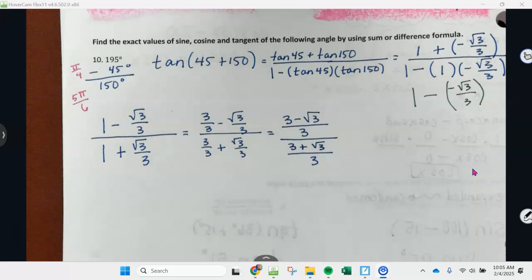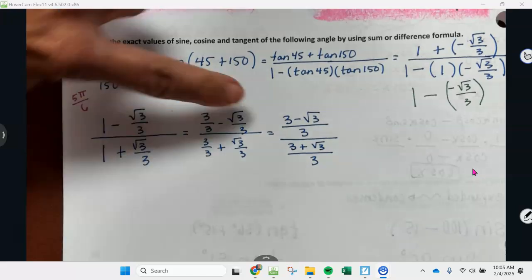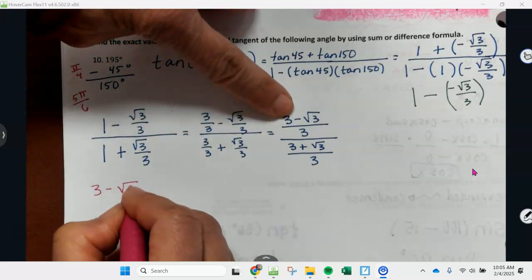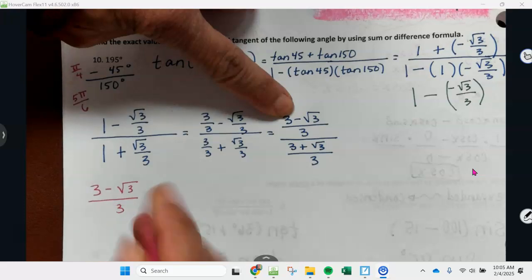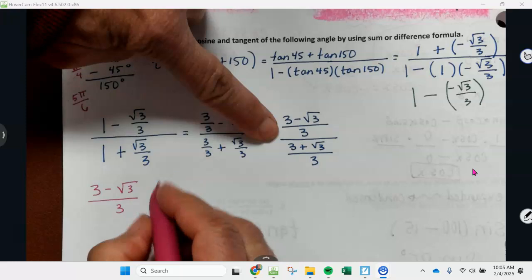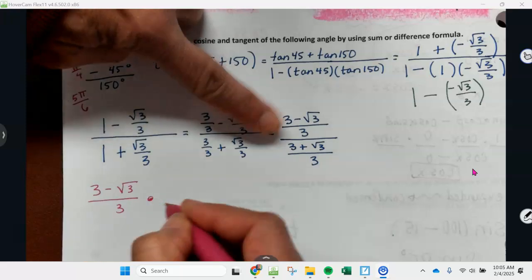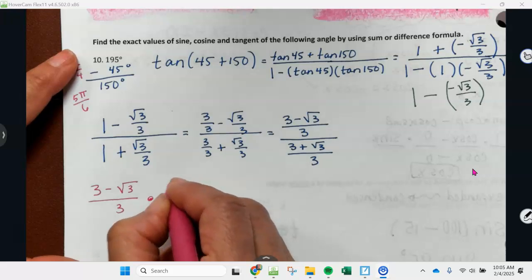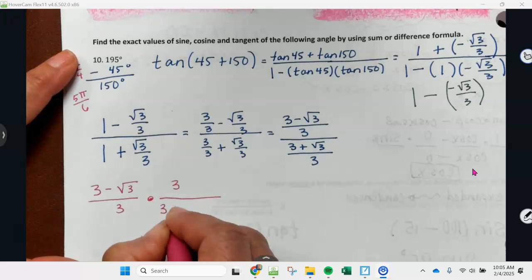And now we're going to keep, change, flip. Here we go. Keep this first fraction on top exactly how it is. Change that division fraction bar to a multiplication. Flip that second fraction upside down.